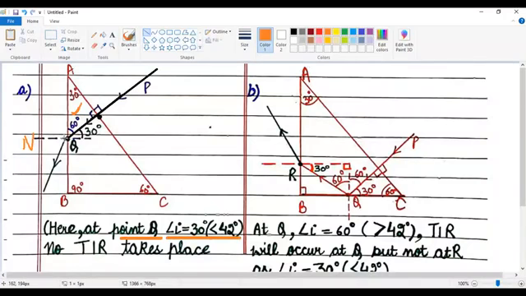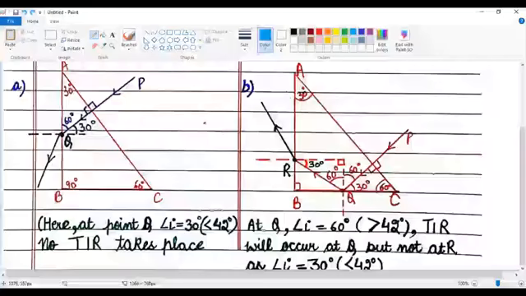So at point Q, the light will not get reflected, rather it will move from denser to rarer medium in such a manner that the light ray bends away from the normal. Hence, in this case A, no TIR will take place.